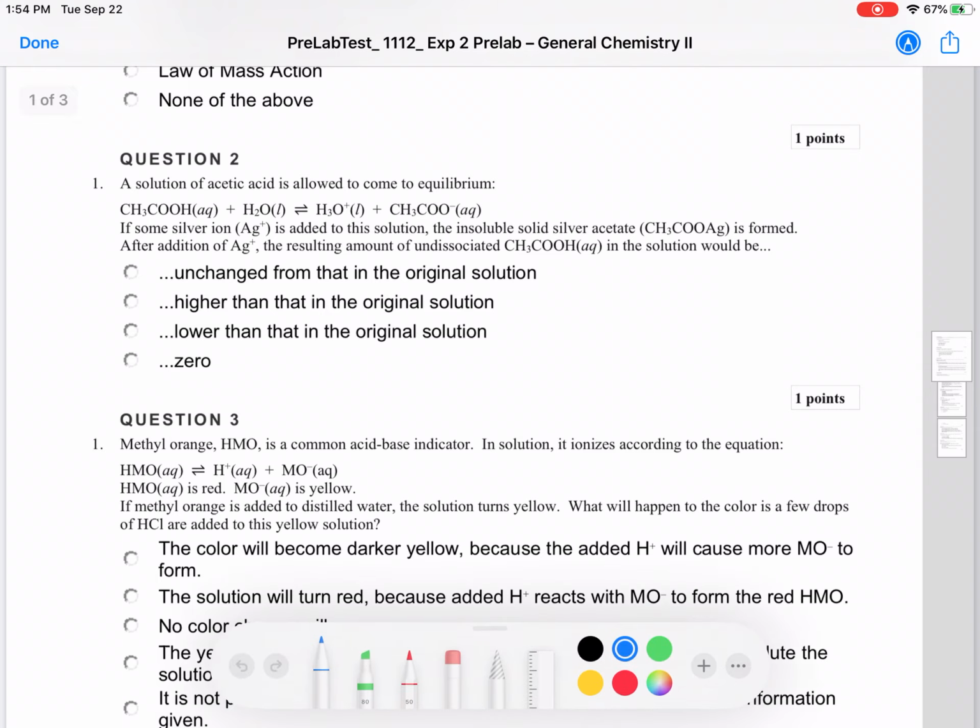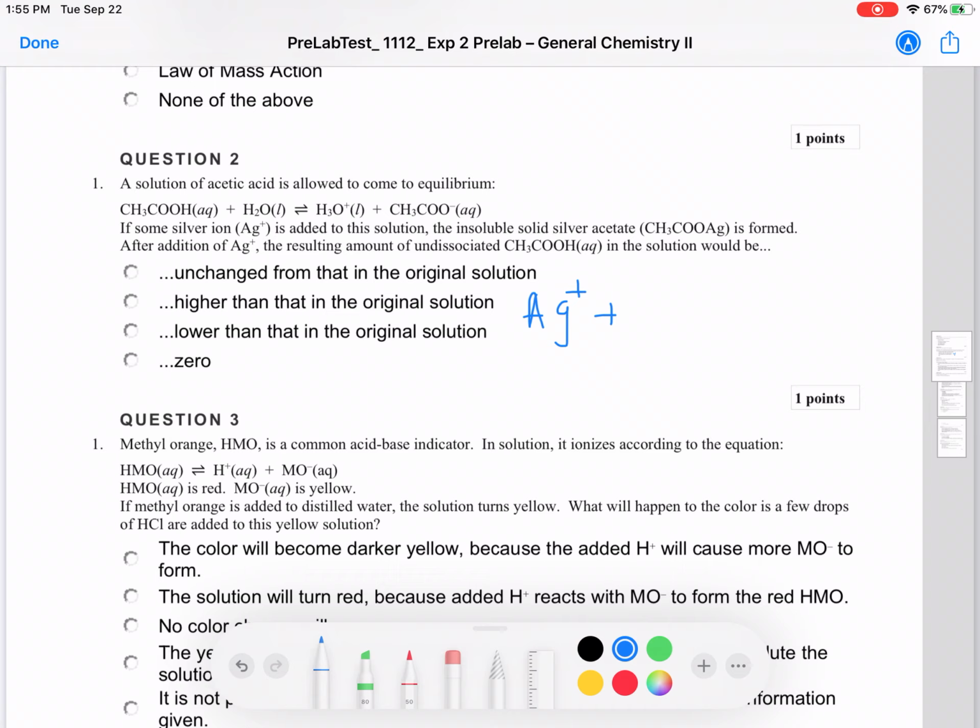Now, let's see what is happening to our equilibrium when we add silver. When you add the silver ion, it's going to form solid silver acetate. How is it going to form the silver acetate?